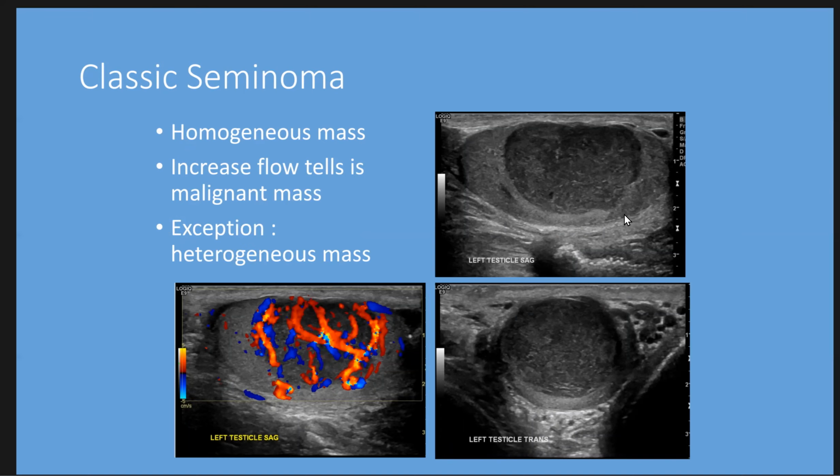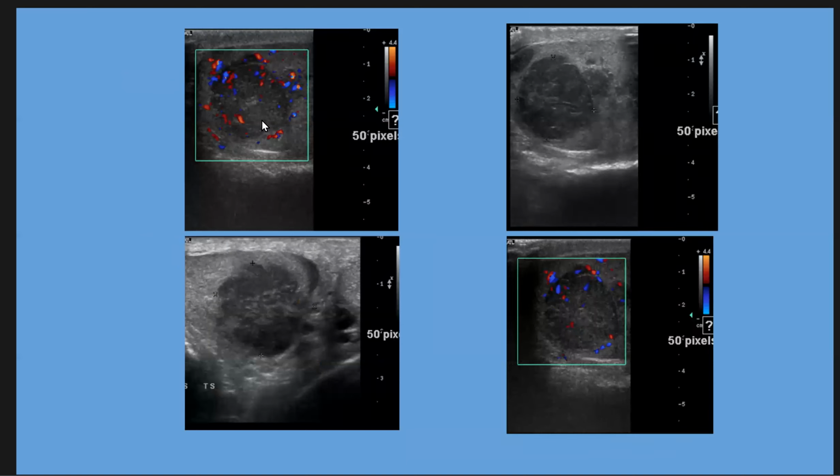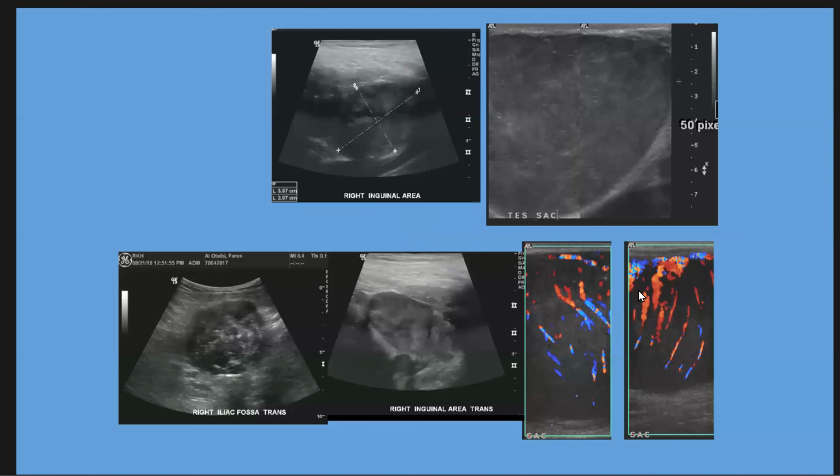Sometimes it is heterogeneous. Here, another patient with seminoma with a hypoechoic mass and increased intratesticular vascularity. Here, another patient with a heterogeneous seminoma involving the left testis, associated with lymphadenopathy.